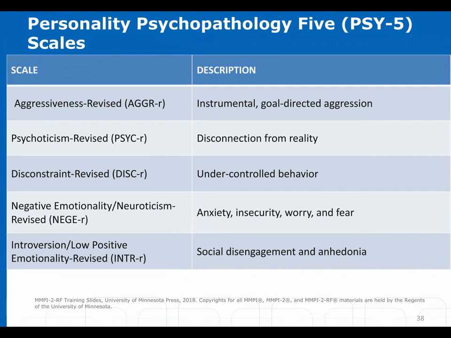Disconstraint measures impulsivity and under-controlled behavior. Negative emotionality, neuroticism, measures temperamental anxiety, insecurity, worry, and fear. And then finally, the introversion low positive emotionality scale measures temperamental social disengagement and anhedonia.